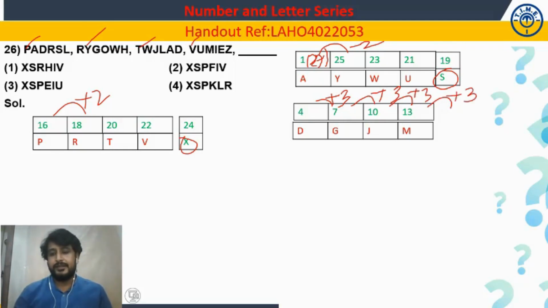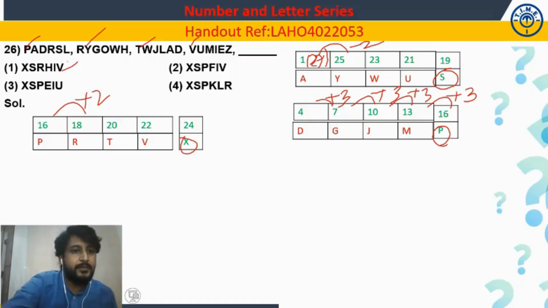So 13 plus 3, 16. P is 16. So my answer must be X, S, P. Except the first option, it can be any option: second, third, fourth. But with the fourth letters, we can decide our answer, right? We have second option, third option, fourth option left over.